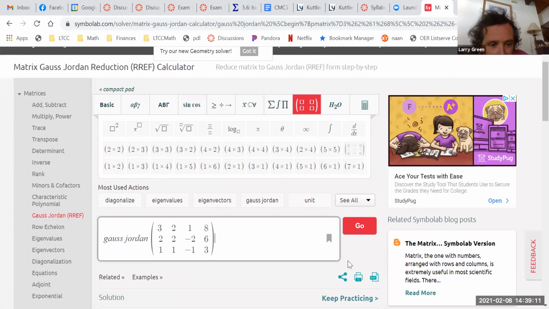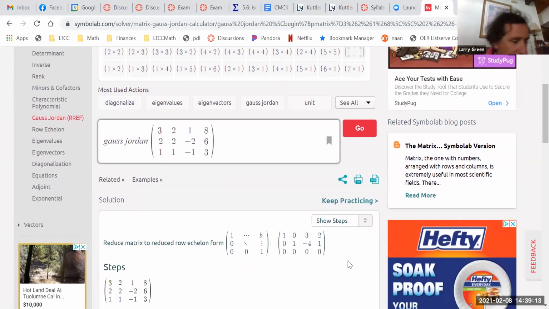Okay. And there it is. So let me write it down because I'm going to be leaving the screen. So we have 1, 0, 3, 2, 0, 1, negative 4, 1, 0, 0, 0. Actually, instead of doing that, let me do the following. It'll be faster.